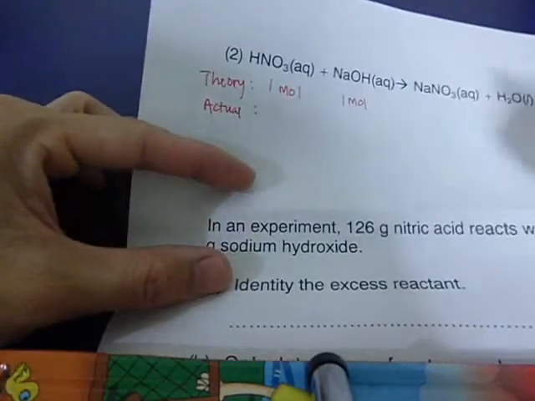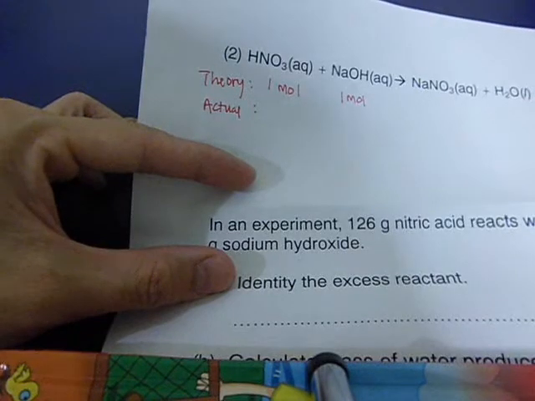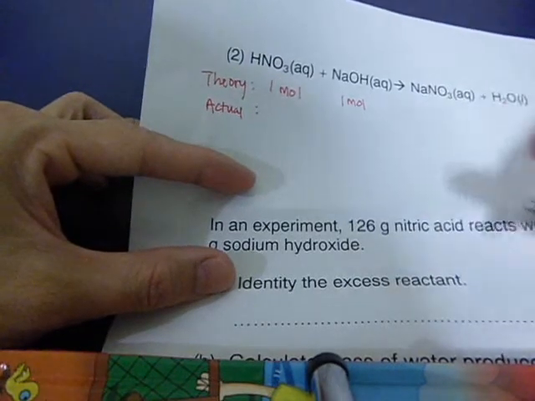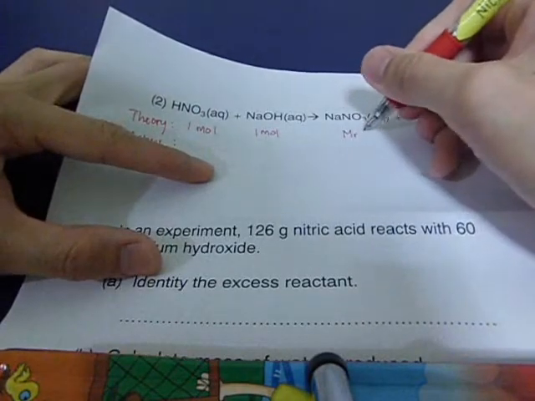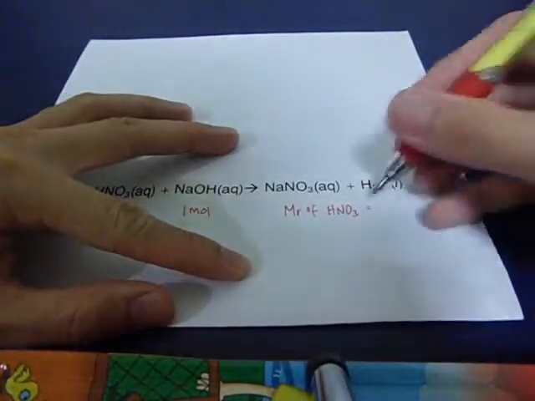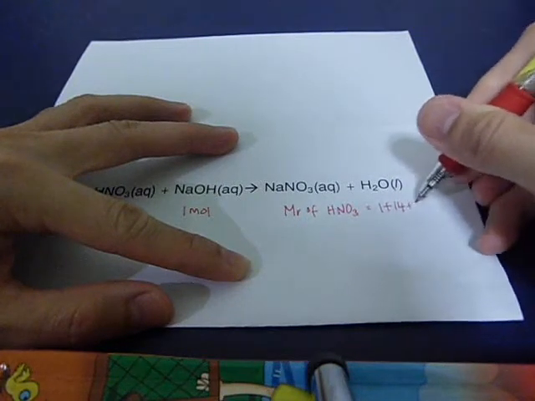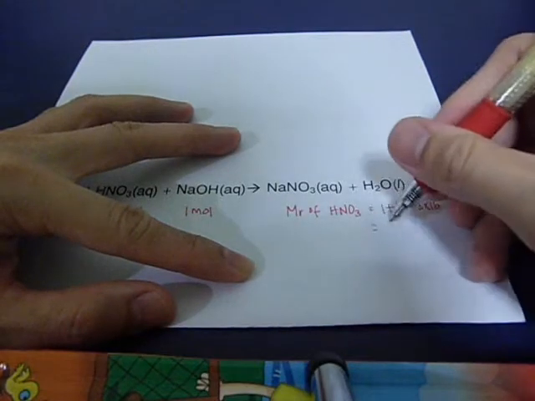So 126 gram mass, how do you change it to mole? It must be mass divided by the MR. So in order to divide the mass by the MR, you have to find out the MR of nitric acid. Show your working. Nitric acid, what is the MR? 1 plus 14 plus 3 times 16, and that would be 63.